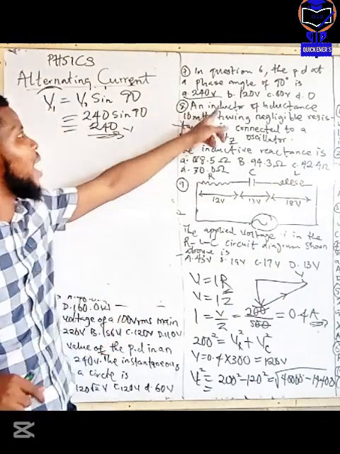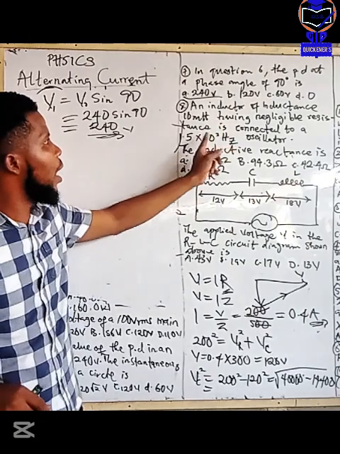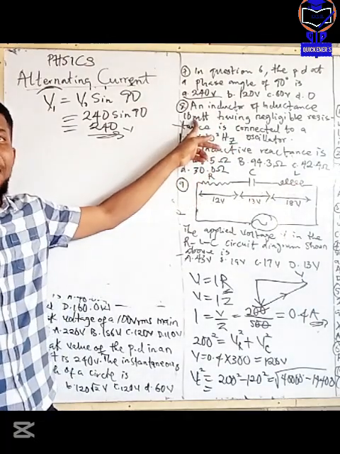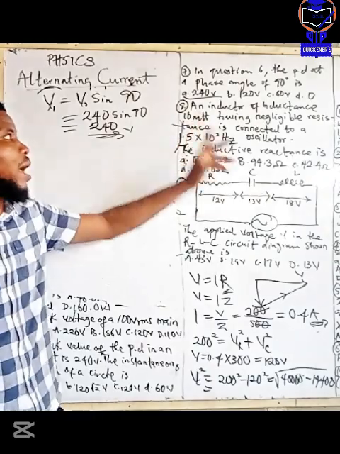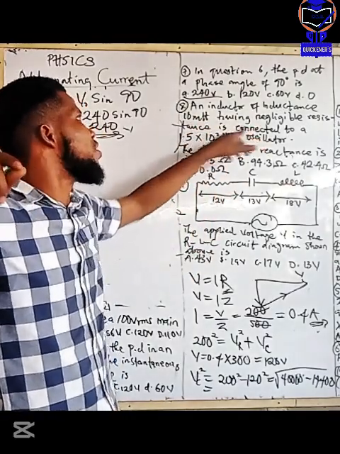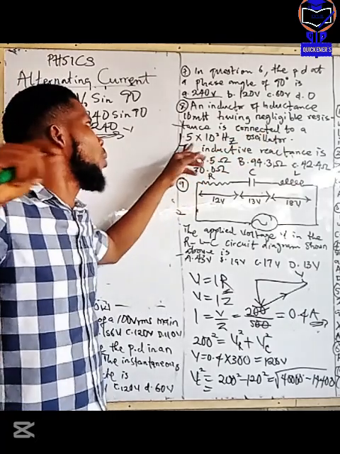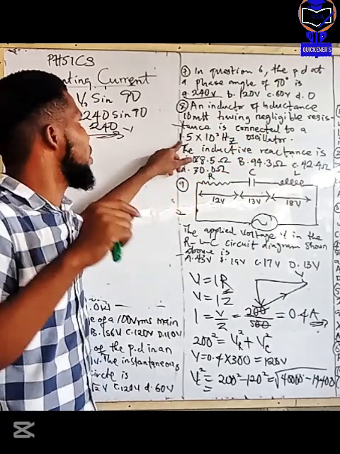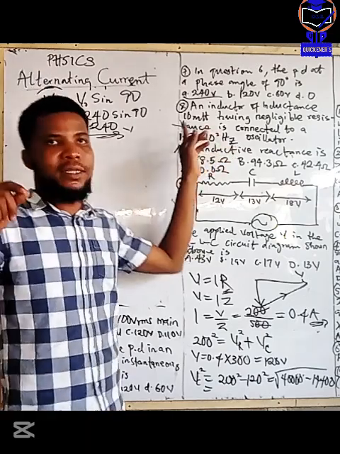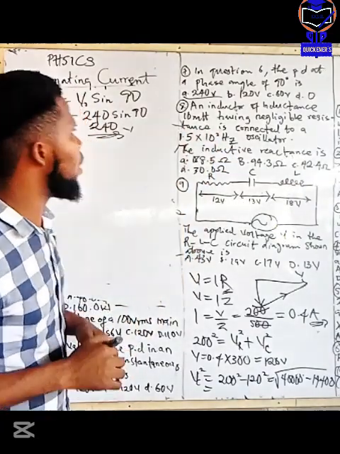Okay, so what we are seeing here is millihenry. So an inductor of inductance 10 millihenry having negligible resistance is connected to a 1.5 times 10 to the power 3 hertz oscillator.